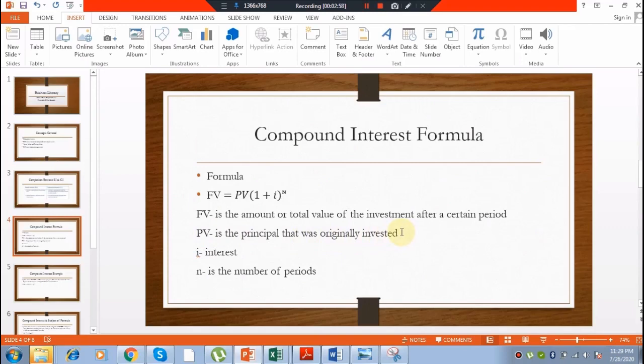In simple interest we discussed that principal is the amount that you invest. Here under compound interest we talk of present value and future value, which is how much you have at the end of the investment. We also have interest and the number of periods, as in how long we anticipate the investment period to be.